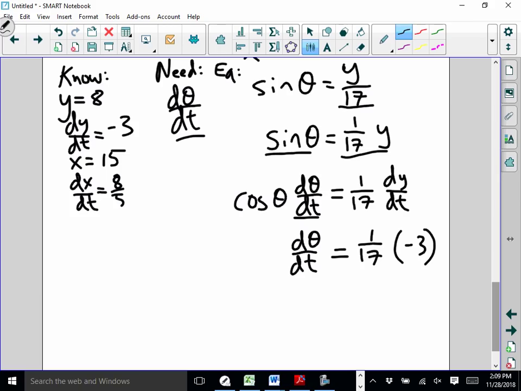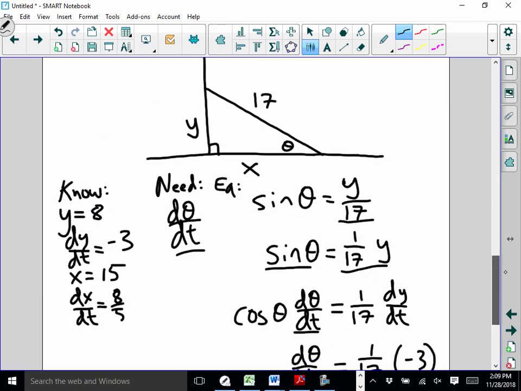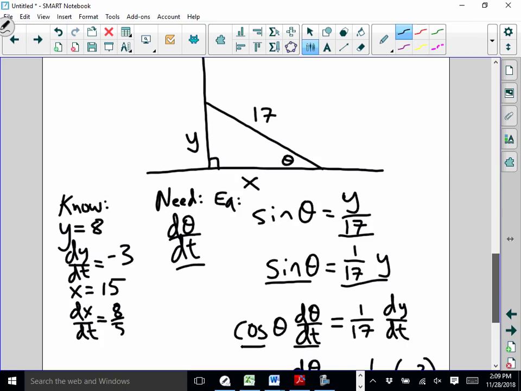Cosine theta. Think about that definition, cosine. So we use that to write our initial equation. Cosine is adjacent over hypotenuse. So cosine is x over 17. But now I can plug in the value for x. What was x's value?